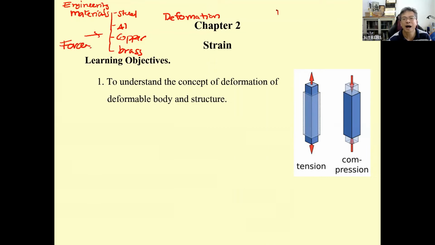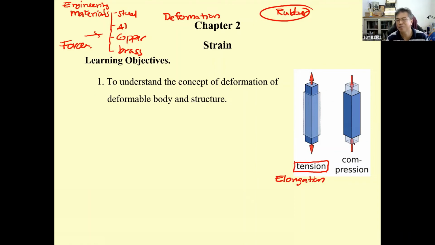So sometimes in this study, we use rubber as the example. You may use a very simple rubber band. When you pull the rubber band, you can see its deformation. When the structure is in tension, it's going to have elongation under this axial force.